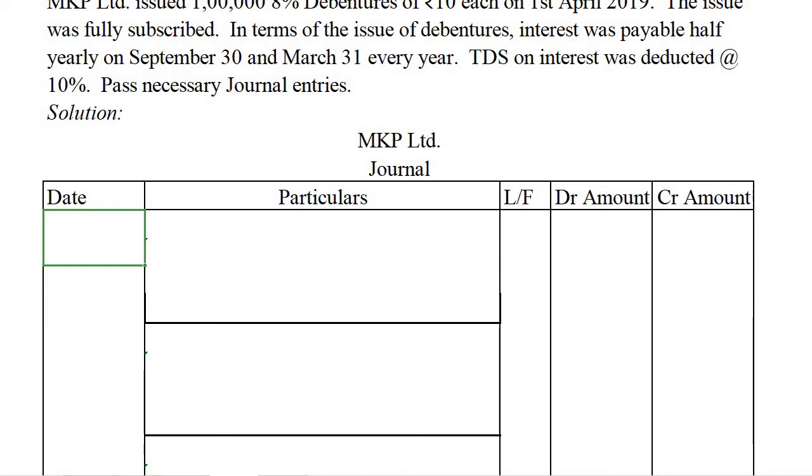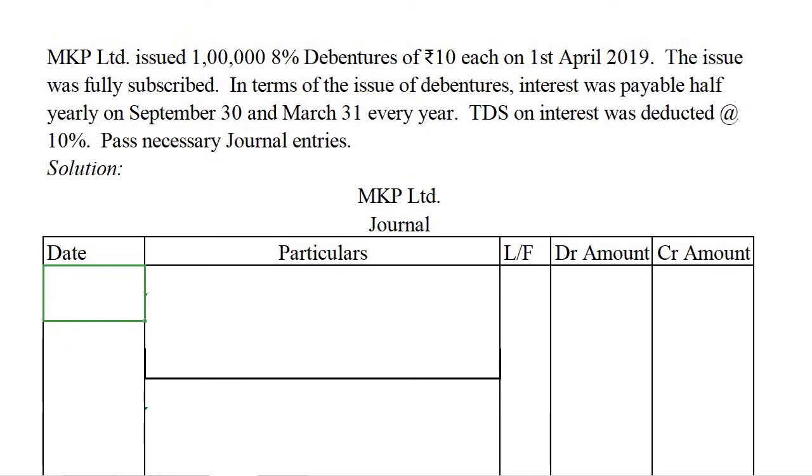The first journal entry, you know, is the journal entry for the issue of debentures. If the question asked to pass journal entries for the interest only, you would write the interest journal entries only and not the entry for the issue of debentures. But here it is not mentioned like that. We have to write the journal entries for the interest and the issue of debentures.